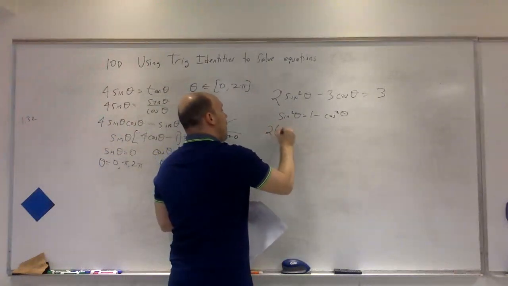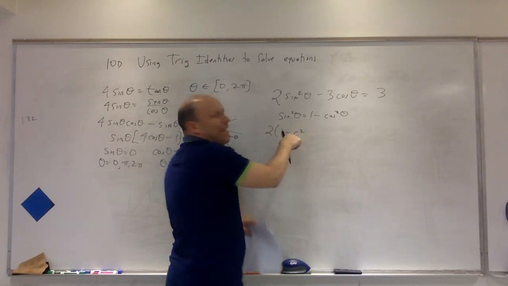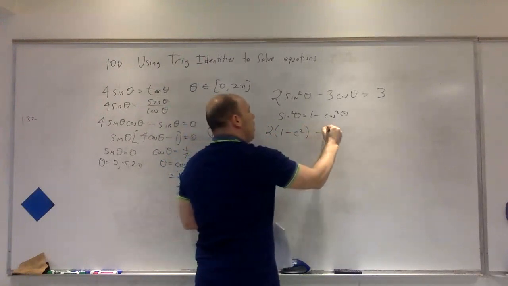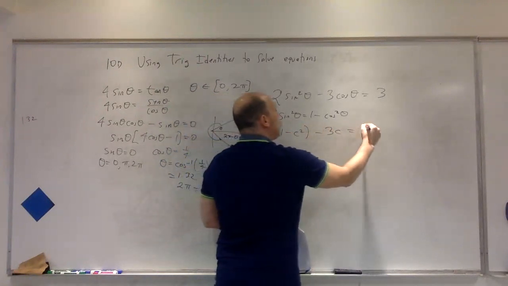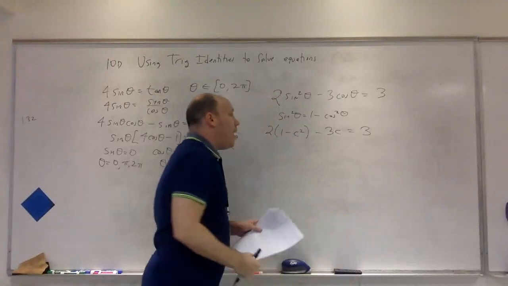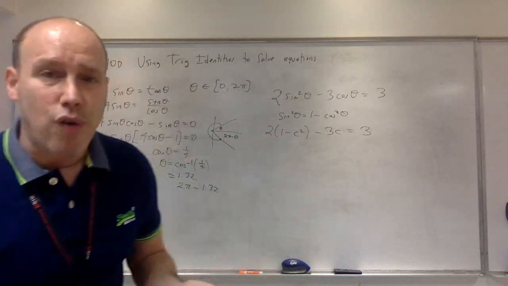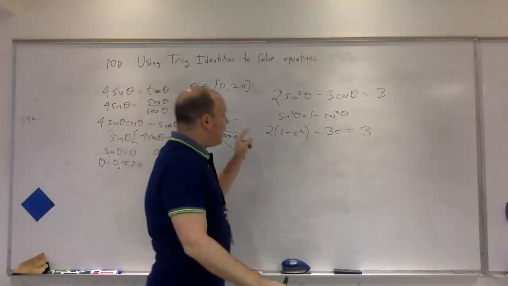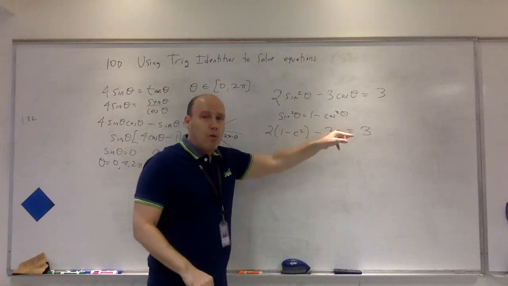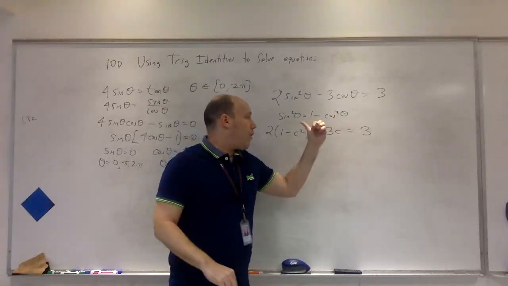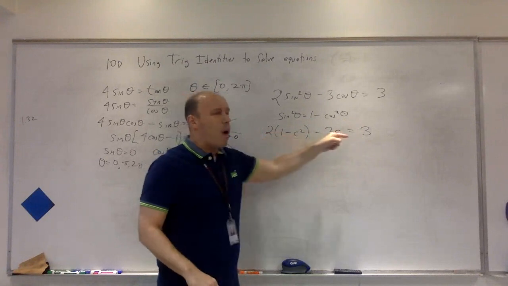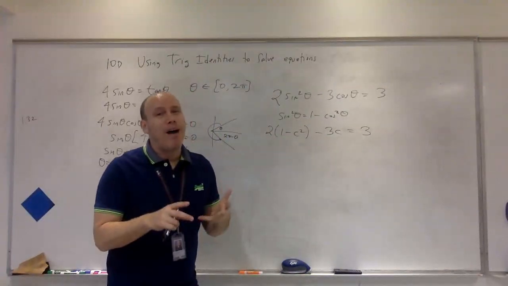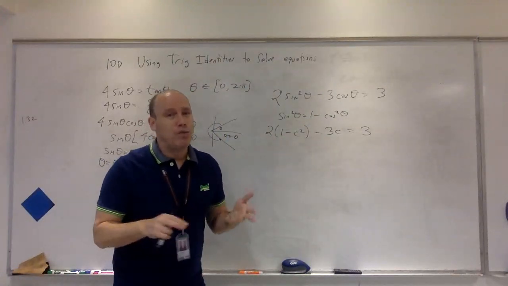So 2 times 1 minus cosine squared minus 3 cosine equals 3. Okay, let's fix this up. We want a nice quadratic. I'm going to tell you 2 things. I'm going to distribute the 2. I'm going to bring that 3 over, and I'm going to multiply everything by -1 because I want a positive coefficient for my c squared.